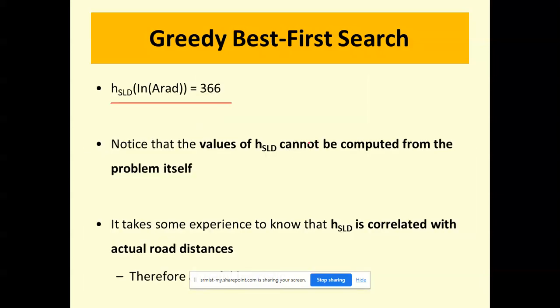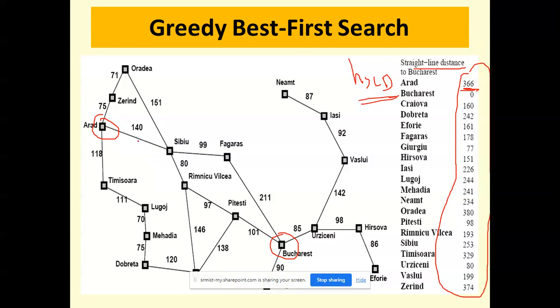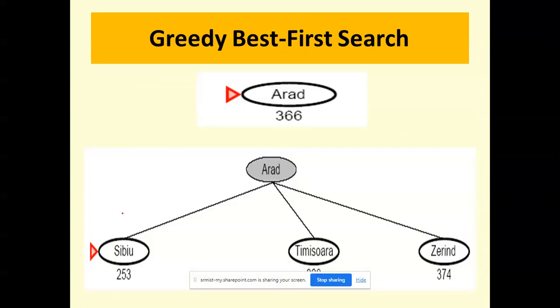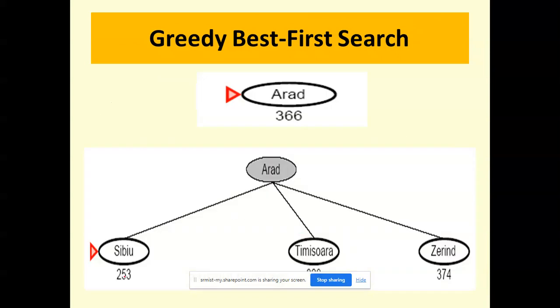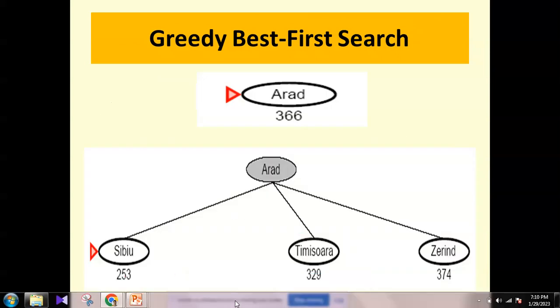From Arad, the reachable cities are Sibiu, Timisoara, and Zerind. These are the three cities reachable from Arad. Now you look at the distance of Sibiu, Timisoara, and Zerind. Sibiu is 253, Timisoara is 329, and Zerind is 374.